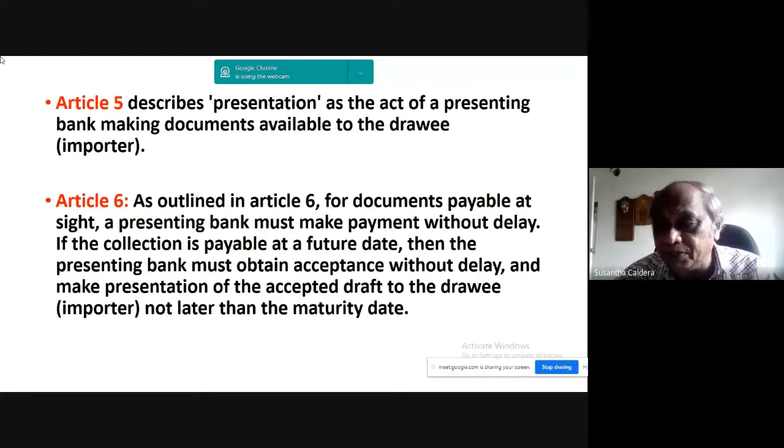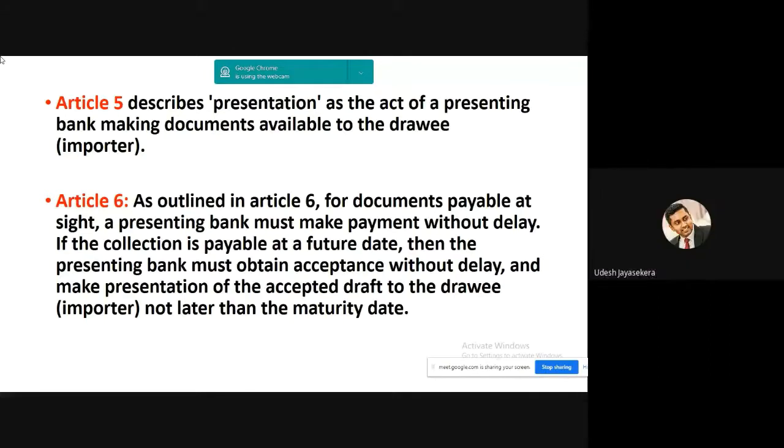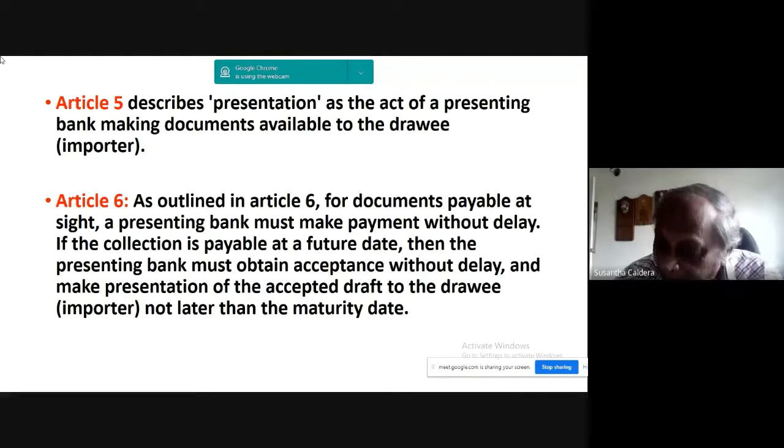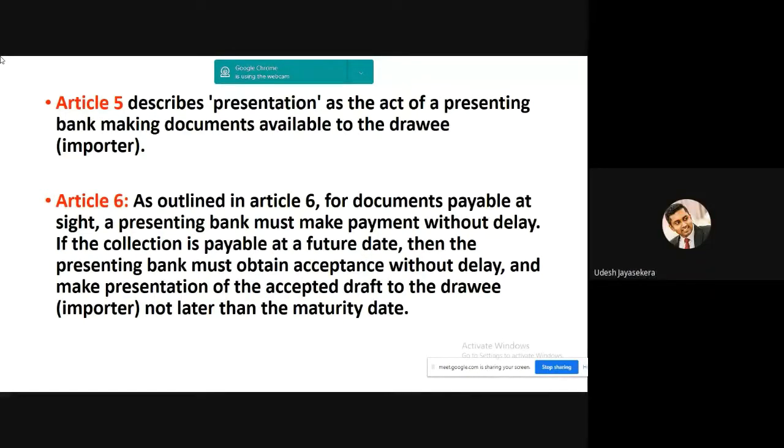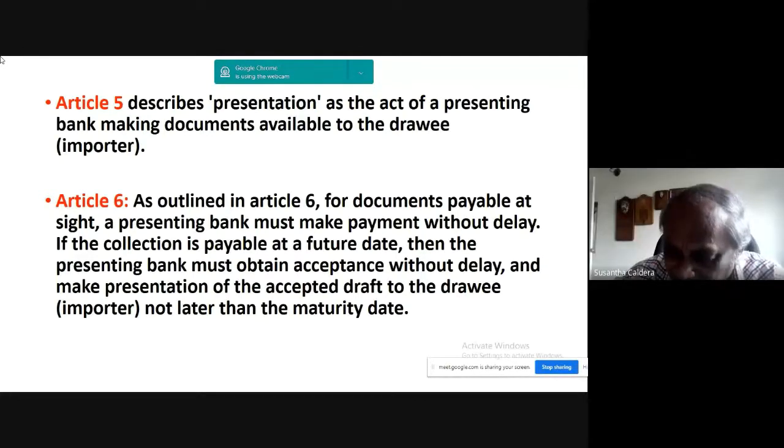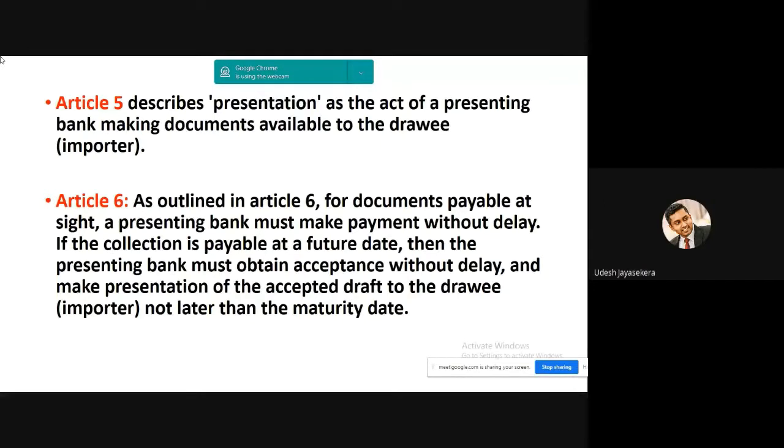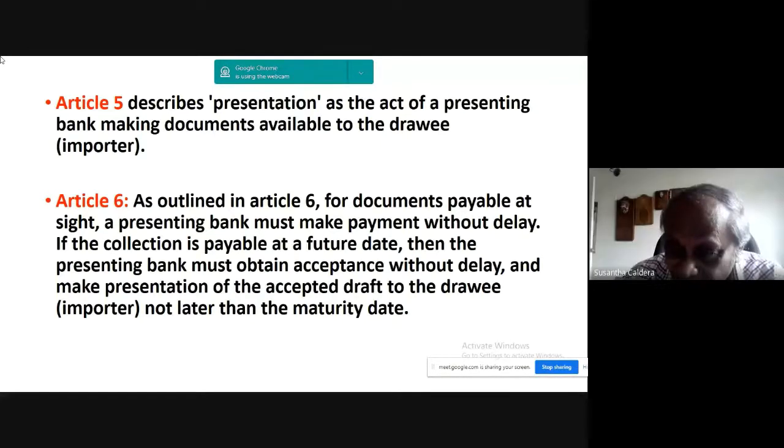Then those follow-ups, how long do we have to do it? For 3 months, sir. Pardon? For 3 months, maximum of 3 months. No. Article 26.